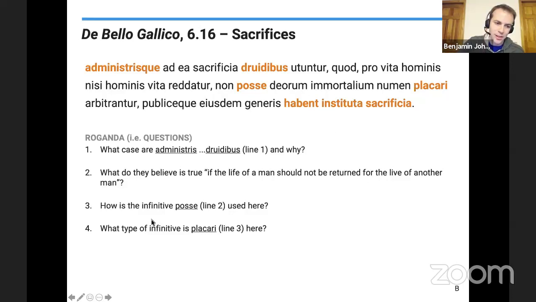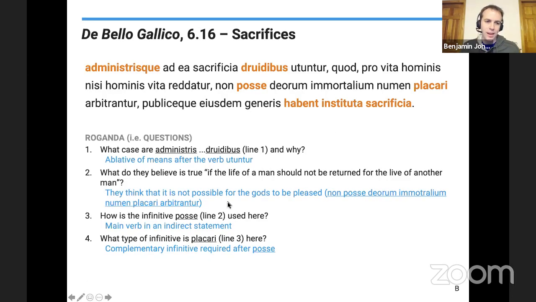So we have the administris druidibus. So they use, utuntur, druids as their managers, their attendants ad ea sacrificia, at these sacrifices. And we talked about this early on in this live stream, where the verb utor is one of those fuvo deponent verbs that take an ablative of means as what we would consider to be its object.